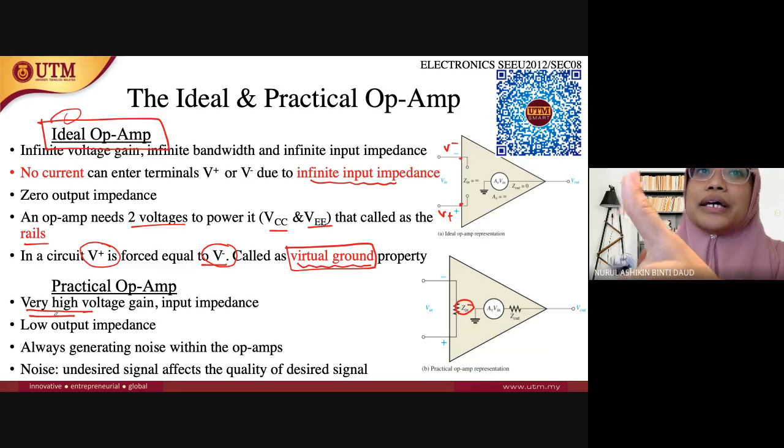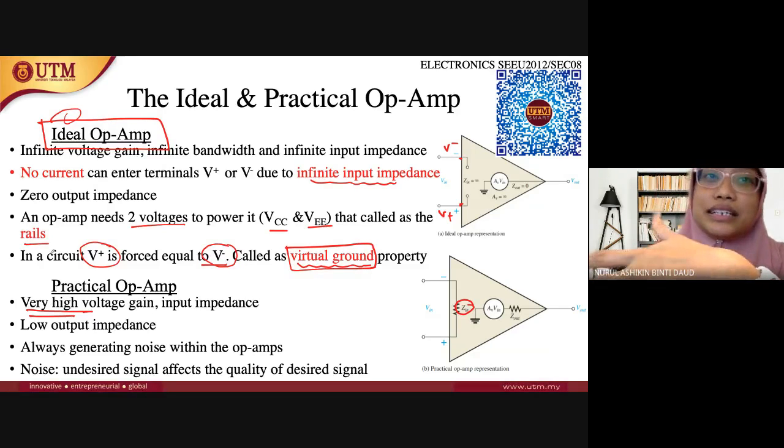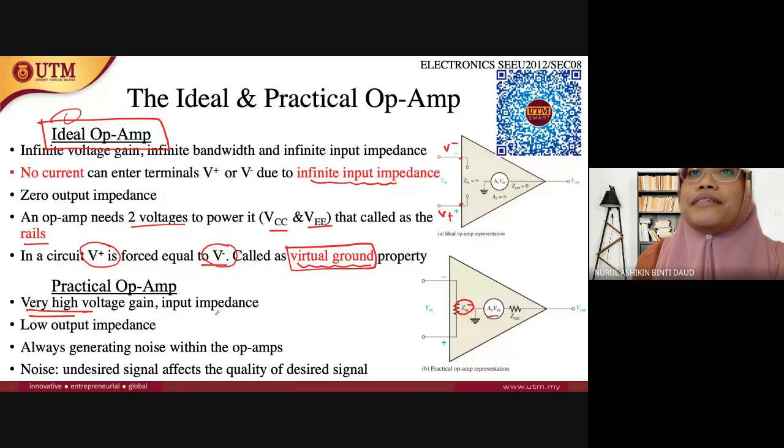It will not reach infinity. The voltage gain will also be very high, and the output impedance will not be exactly 0, but will have a very, very low value.